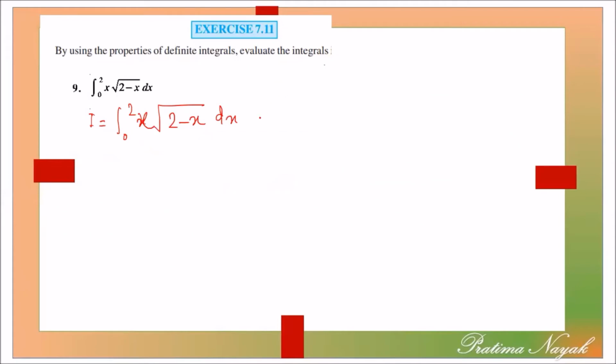That's why we are applying the properties. This is equal to integral 0 to 2. In place of x, I'll put 2 minus x because a is 2 here. So automatically 2 minus x will be 2 minus 2 minus x. That will be x. So I'll write x under root.